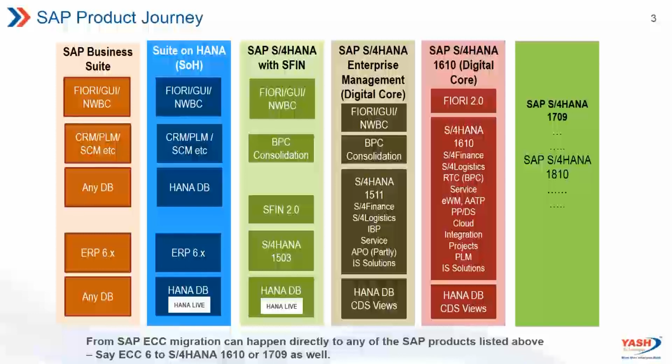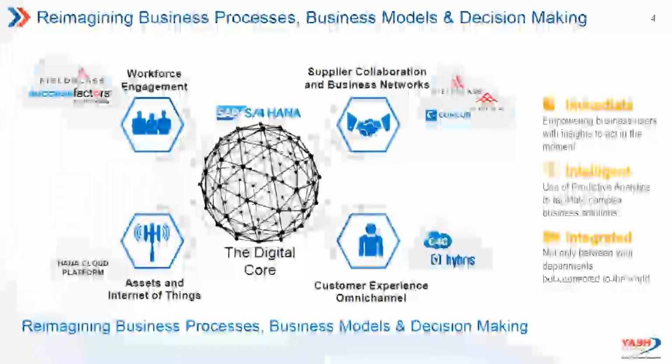But all the HANA versions would continue to have support, but with limited innovations. One important point is that when you migrate, you can migrate from any version of SAP ECC 6, be it the base version or EHP 2, 3, 4, 5, 6, or whichever version you are. As long as you're on ECC 6, you can migrate to S4HANA.